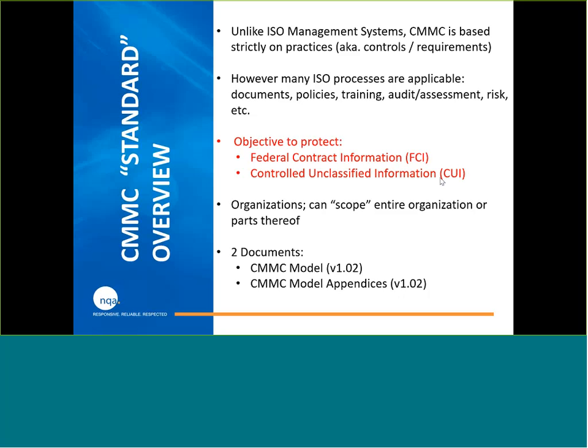But if you are not getting the CUI, but you have, by definition, some federal contract information or FCI, that technically is regulated by one of the FAR regulations now. Much less specific about whatever product or project you might be contributing to, but still some information about federal contracts.